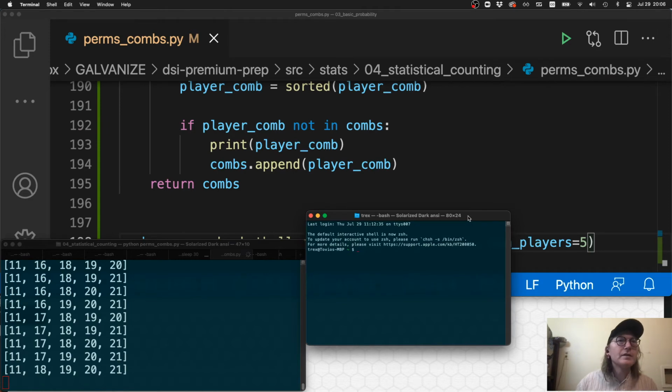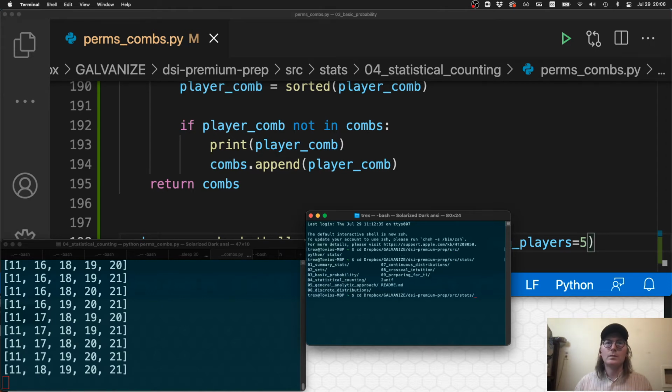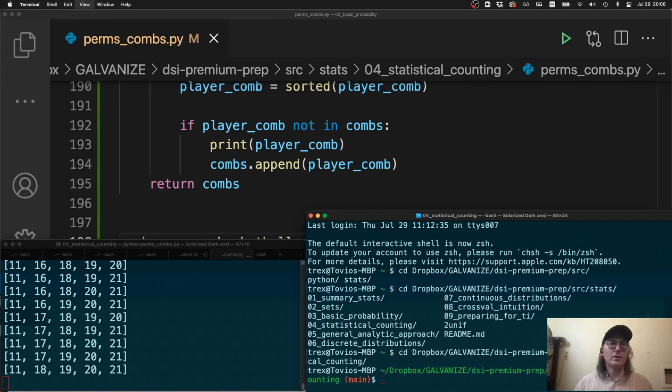And I'll have to navigate really quick to where we are. So make this a little bit bigger.